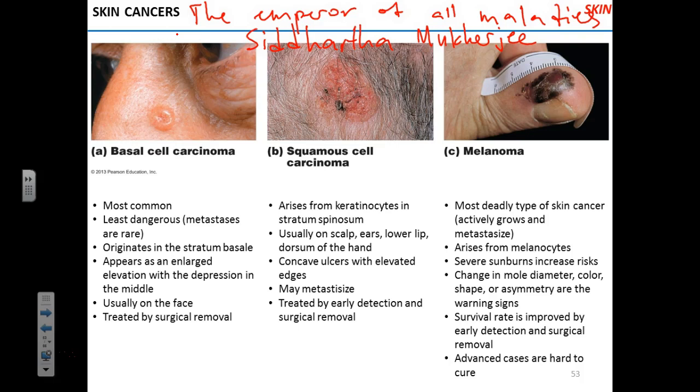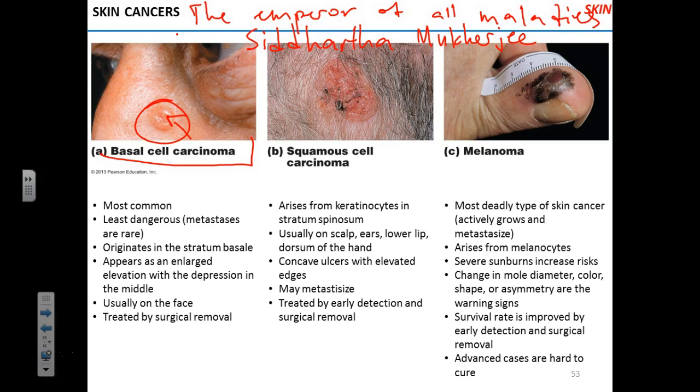So, cancers of the skin. There are 3 major types that I'm going to ask you about, and one very rare type that I'm not going to ask you about. The most benign, if I may say so, type of skin cancer is called basal cell carcinoma. It's also the most common. It looks like an enlarged elevation, a bump on the skin with a depression in the middle.